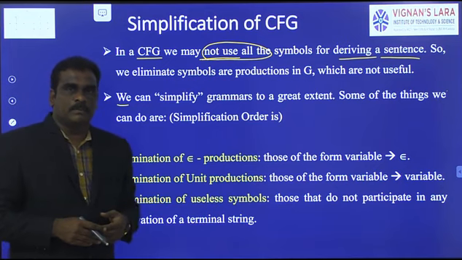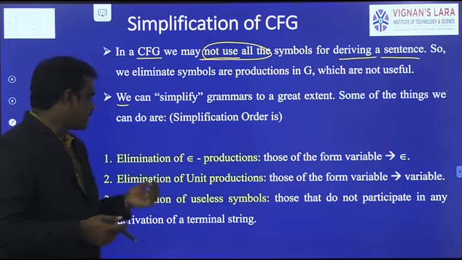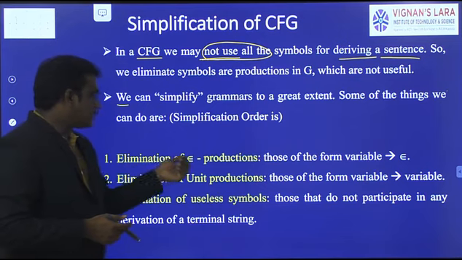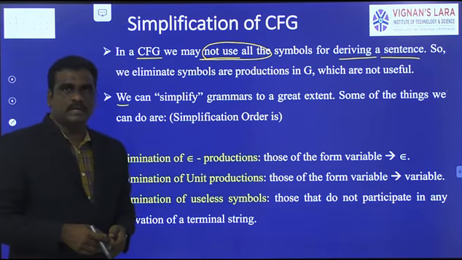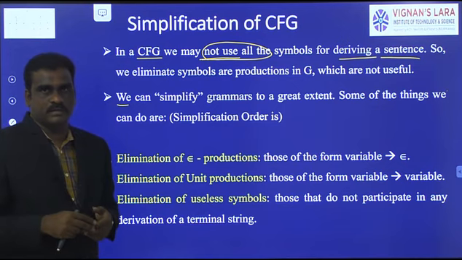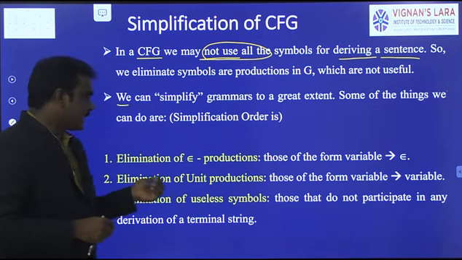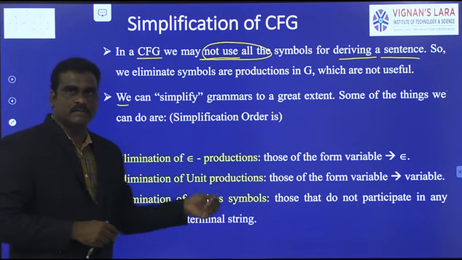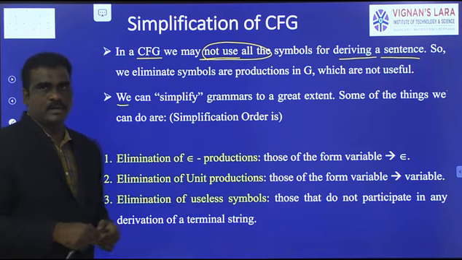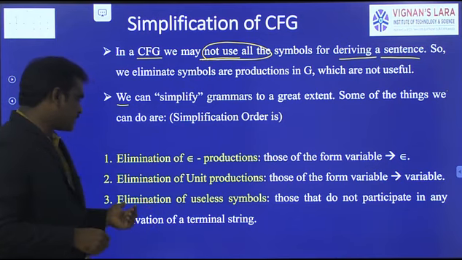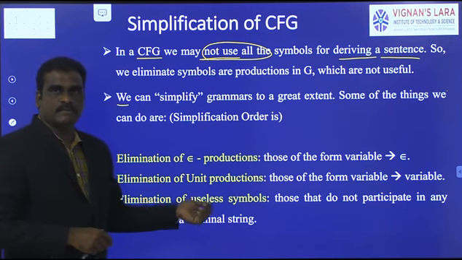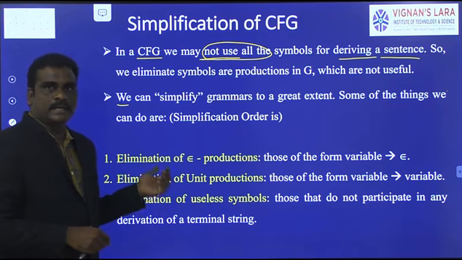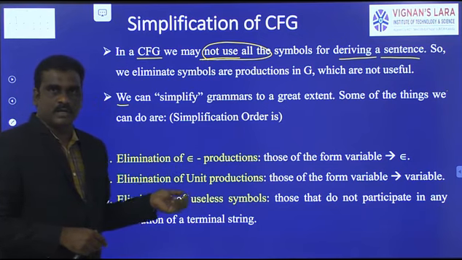From the examination point of view, they may ask how to eliminate the epsilon productions for the following grammar, or eliminate unit productions for the following grammar, or eliminate useless symbols for the following grammar. They may ask individually, and at that time they can give 2 or 3 marks.